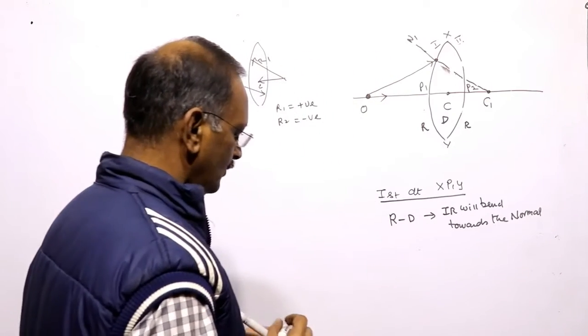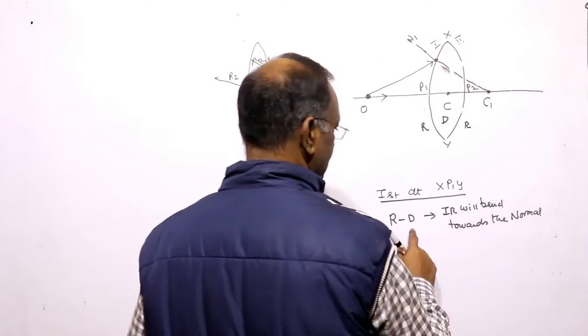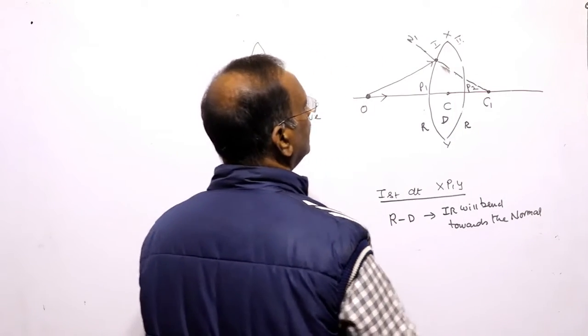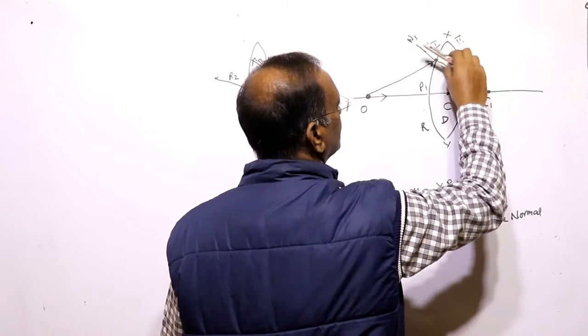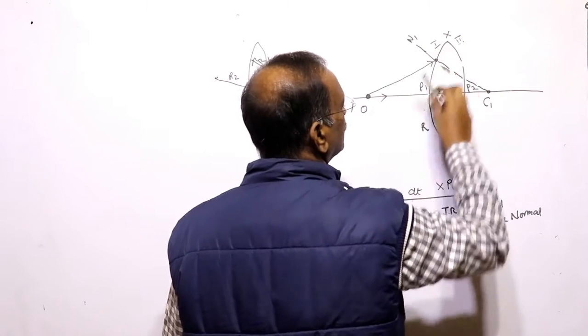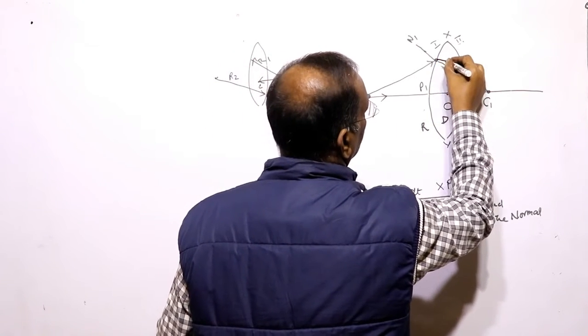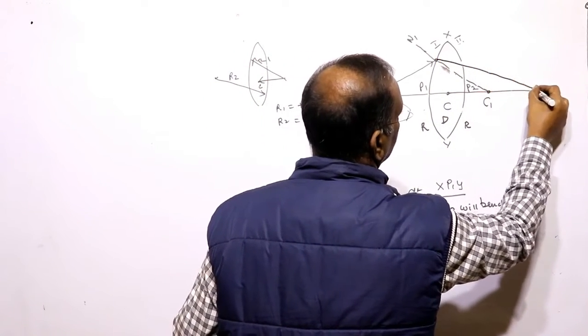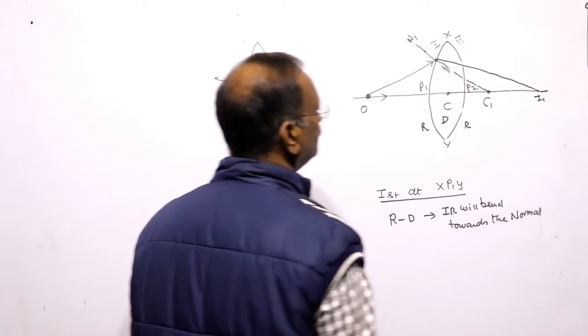After incidence, we expect the ray to go straight in this fashion, but since it is going from rarer to denser medium, instead of going like this, it will bend towards the normal. This is the normal. It will bend towards the normal and strike here on the principal axis, this is I1.